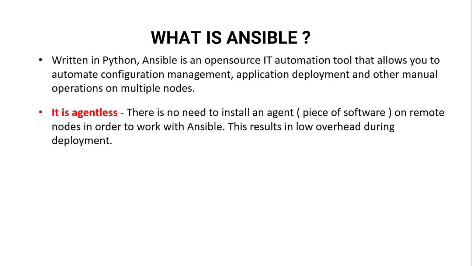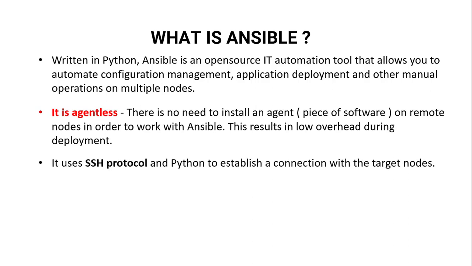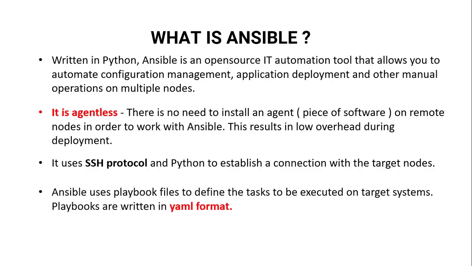The advantage of this is that it results in low overhead and low resource consumption on target nodes, which is ideal because you don't want Ansible to impact the performance on your target machines. Instead, it uses SSH protocol and Python to establish a connection with the target systems.